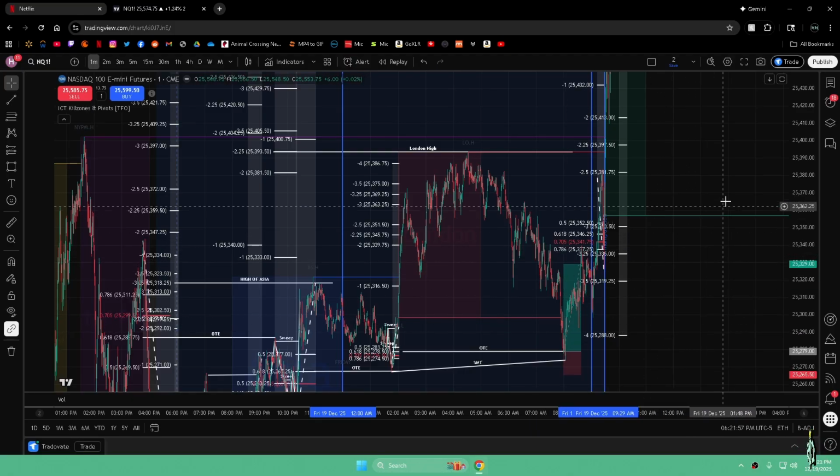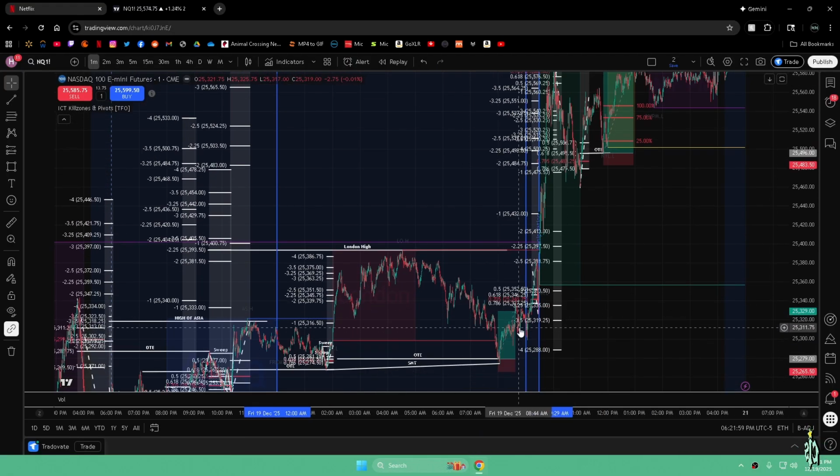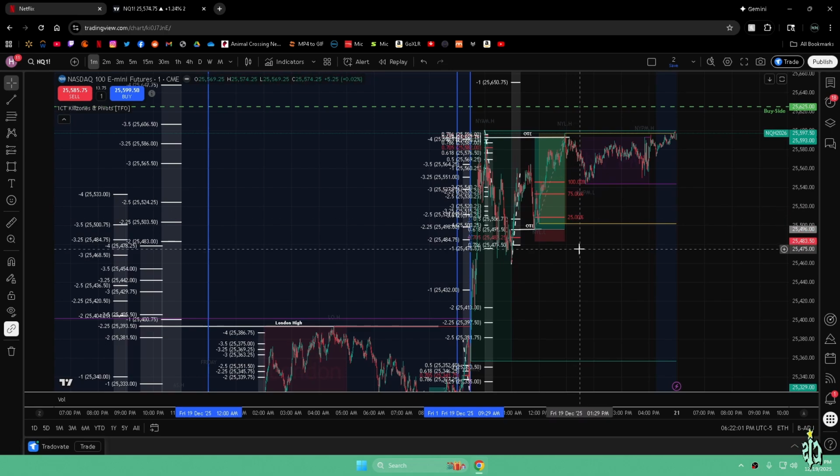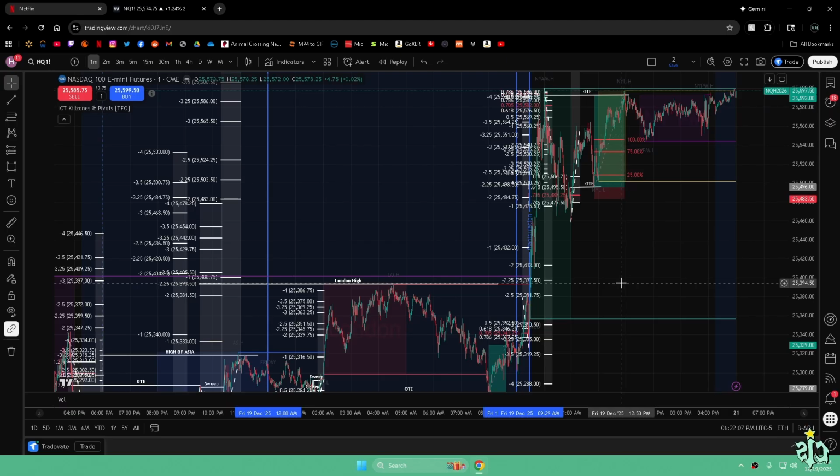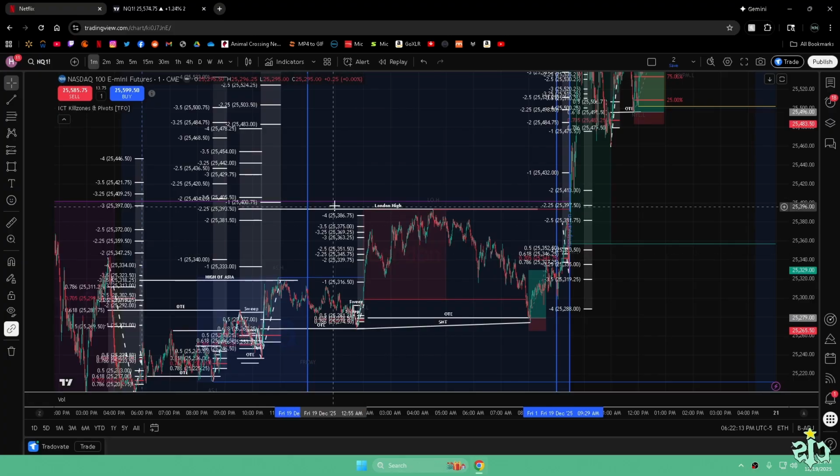Now you could combine the fib with ICT and you could start partialing if you want, right? But the fib also helps you mark out your highs, right?